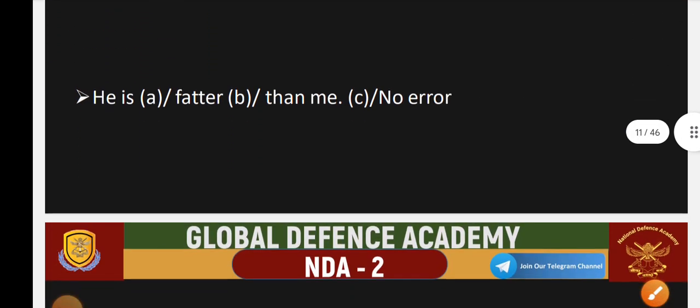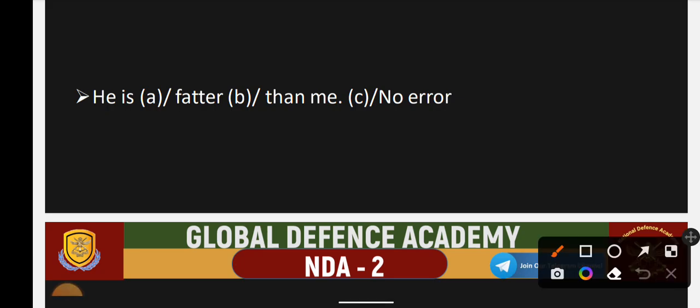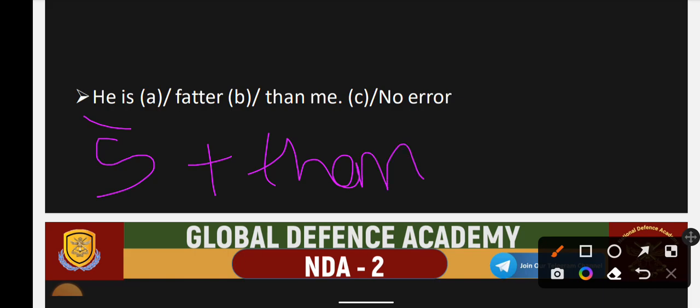And the next example is also written based on the previous concept that I am talking about. He is fatter than me. He is fatter than me. He is a subjective case of a pronoun, and it is followed by than.